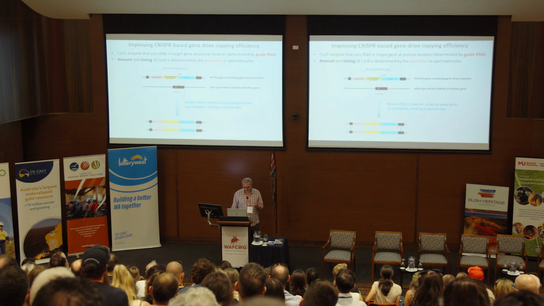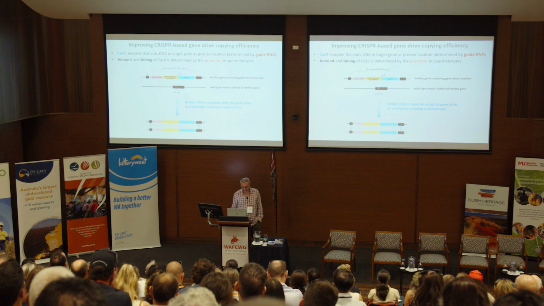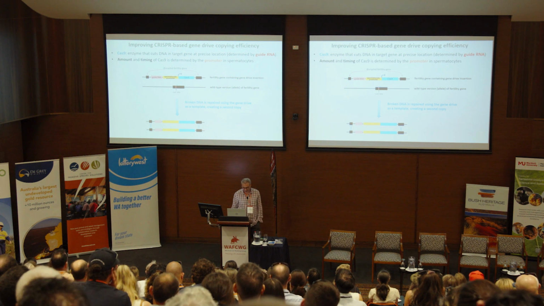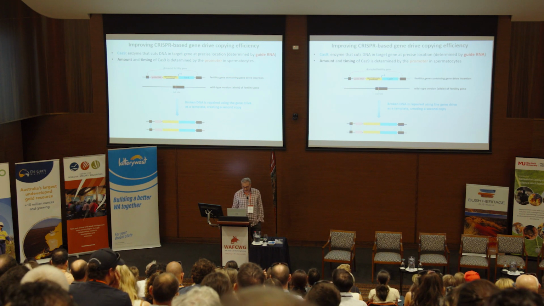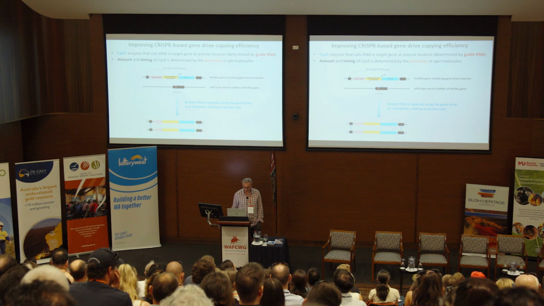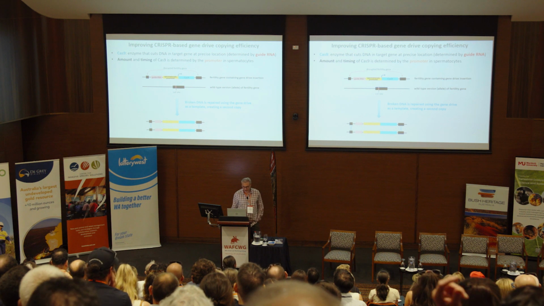To go over quickly how that works in a spermatocyte: an engineered GenDrive exploits the CRISPR-Cas9 tool that was developed a few years ago. It incorporates a gene for Cas9 in the GenDrive construct, driven by a promoter that switches on that gene in the spermatocytes.